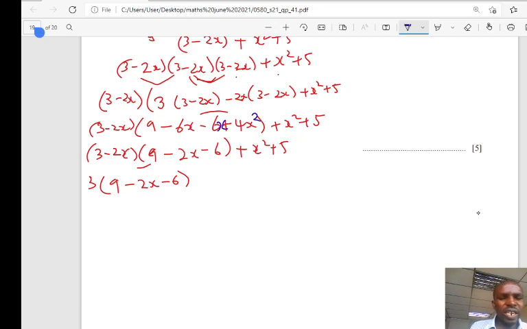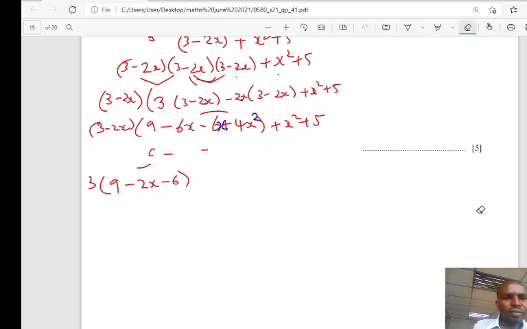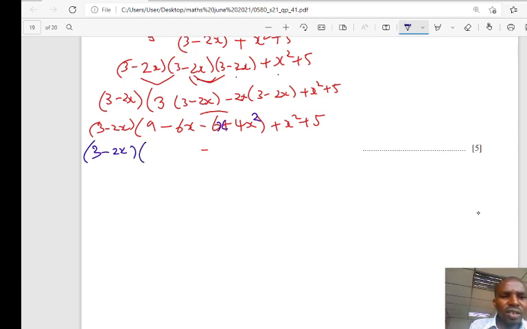So this level is not supposed to be like this. It will be 3 minus 2x here, then this one will be 9 minus 12x plus 4x squared. Then plus x squared plus 5.